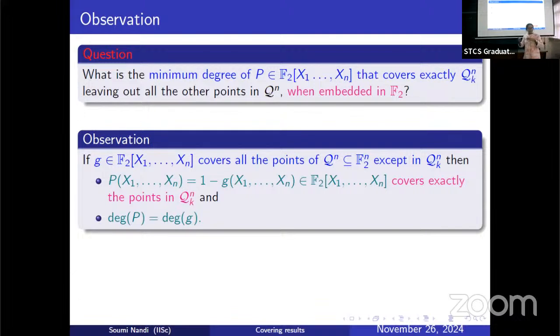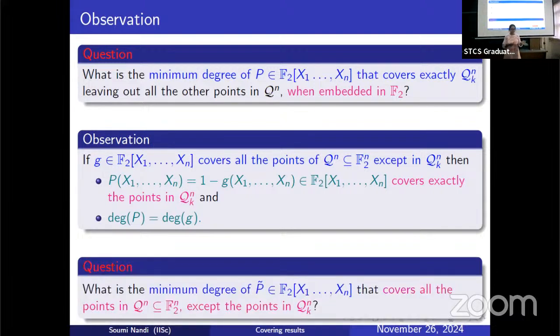So, in F2, studying the minimum degree polynomial which vanishes exactly at the kth layer is equivalent to studying the minimum degree of the polynomial which vanishes everywhere except the kth layer.